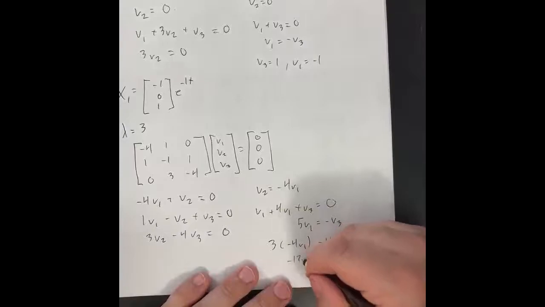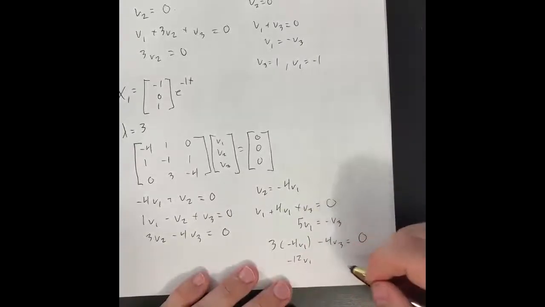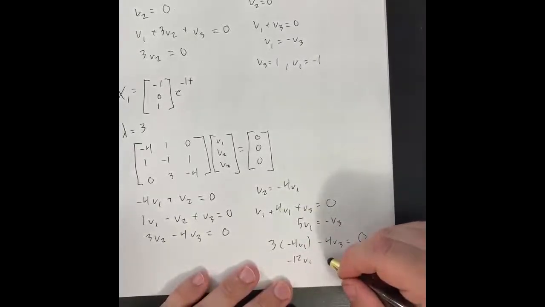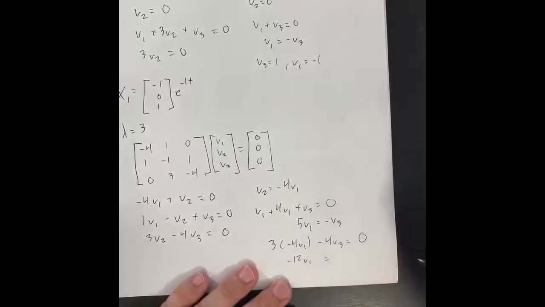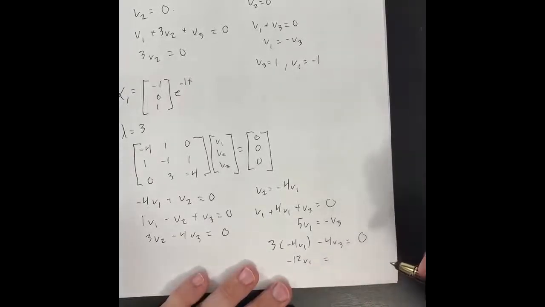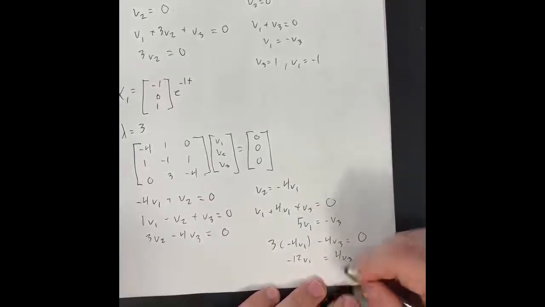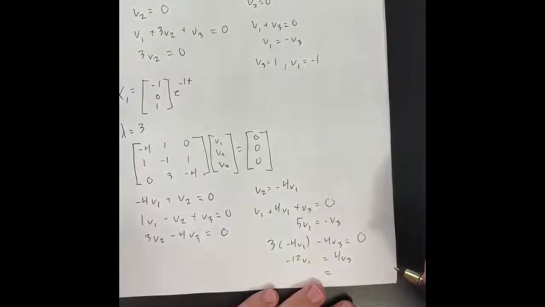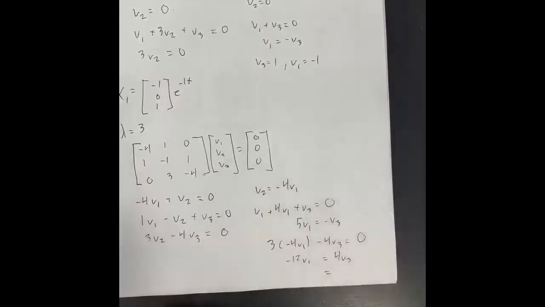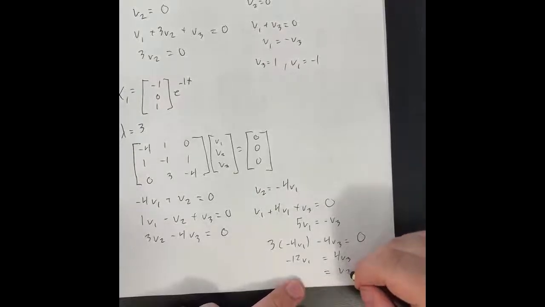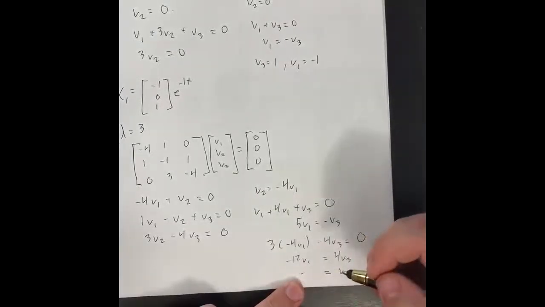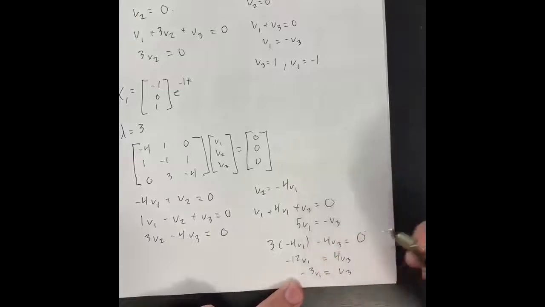So we have negative 12 v1 equals negative 4 v3. You move that across, you get 4 v3 on here, and divide that across. We get v3 equals negative 3 v1.